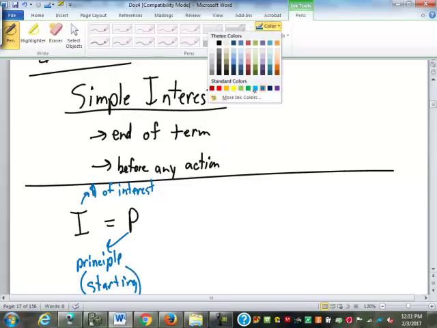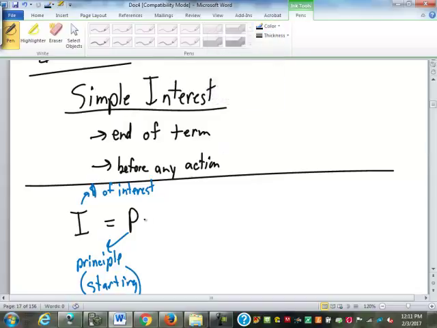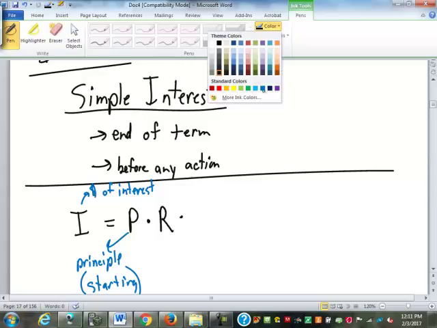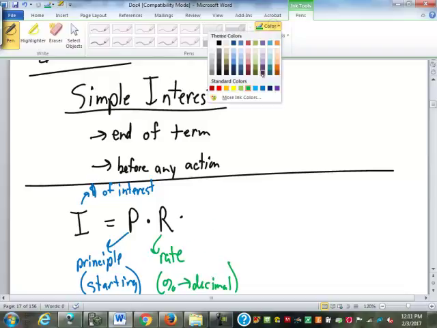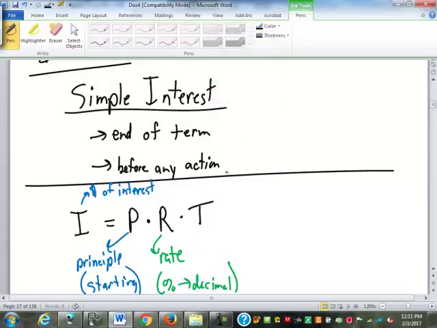So that principal would be your 100% times R, which is a rate. A rate is a percent as a decimal, times T, where T is time in years.